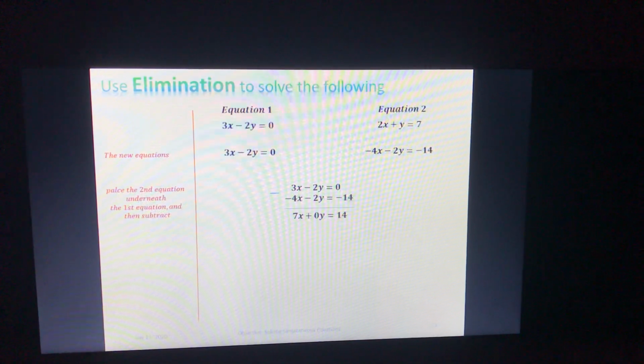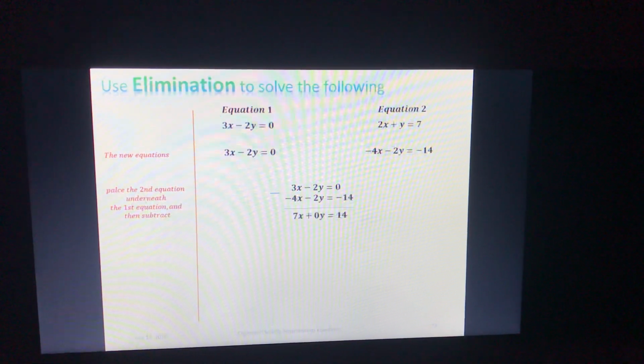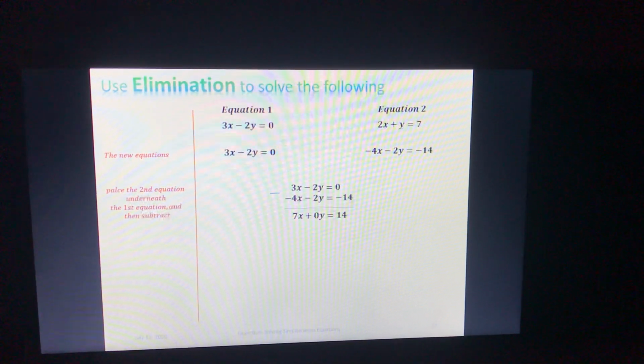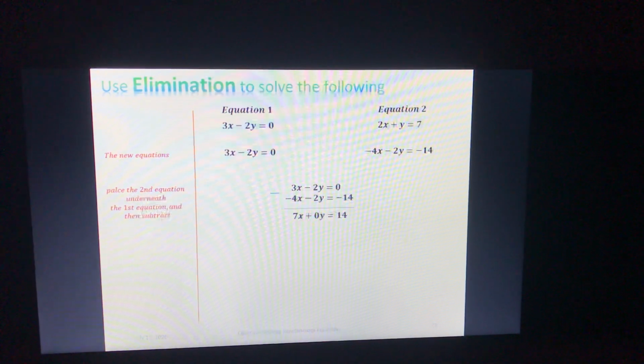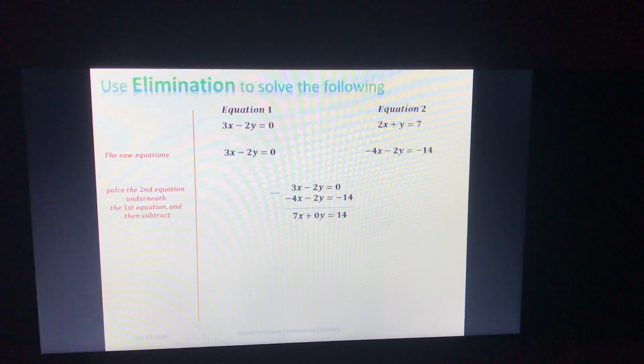Negative 2y minus negative 2y, which is negative 2y plus 2y. The y is eliminated, and 0 minus negative 14 is actually 0 plus 14, which is 14.